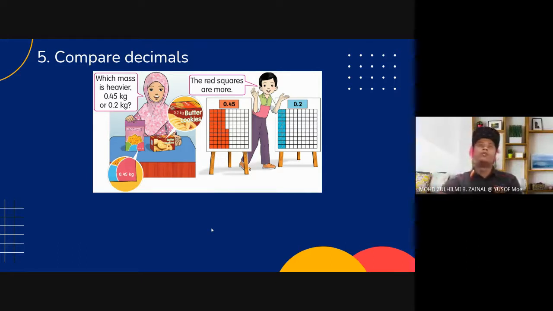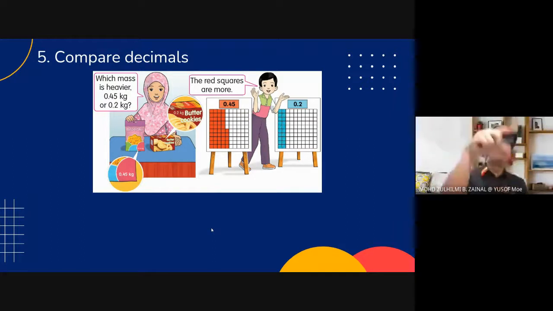Kalau kamu tahu macam mana nak baca dia, you know how to differentiate in between the smaller or the bigger decimals, then you won't get any troubles in comparing decimals ni. Okay, so example here, which mass is heavier, 0.5 kg or 0.2 kg? From this you can see maybe you will say 0.2 ke 0.5. You may got confused with the number I gave before.